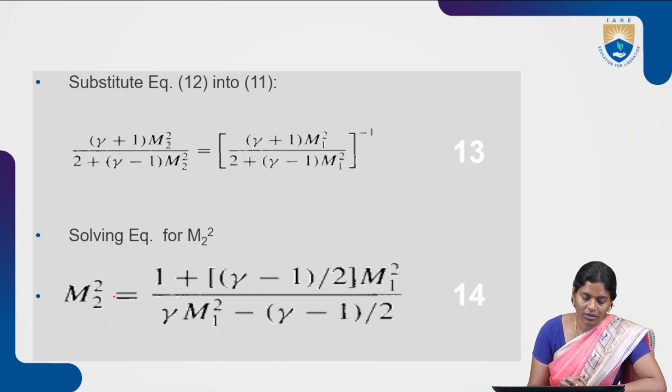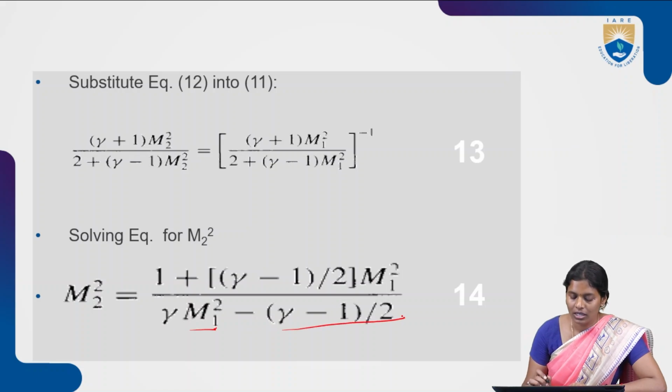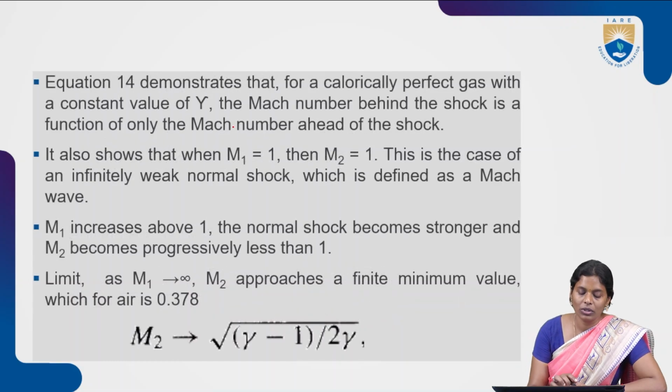Now here we are trying to solve for M2 square. For that we will get this expression: M2 square equals 1 plus gamma minus 1 by 2 into M1 square, divided by gamma M1 square minus gamma minus 1 by 2. Now the above equation 14 is for a calorically perfect gas with a constant value of gamma.